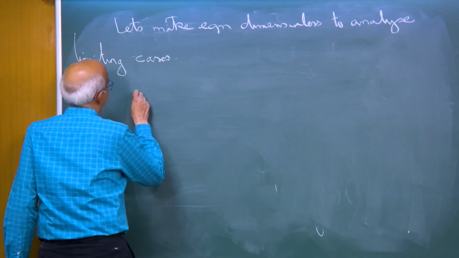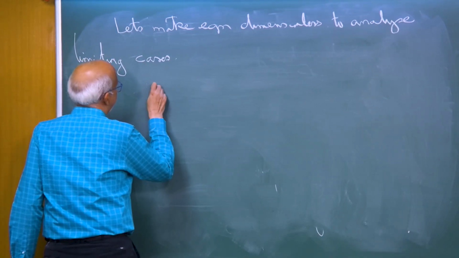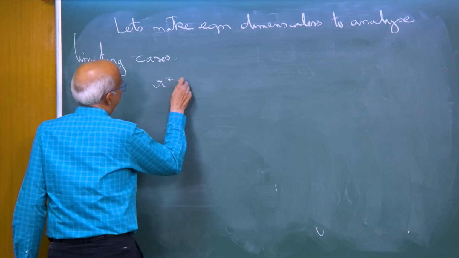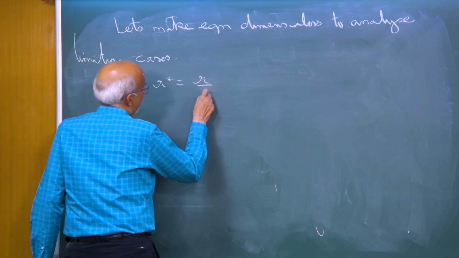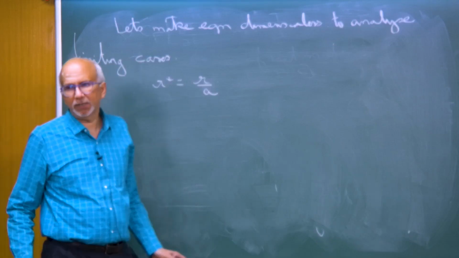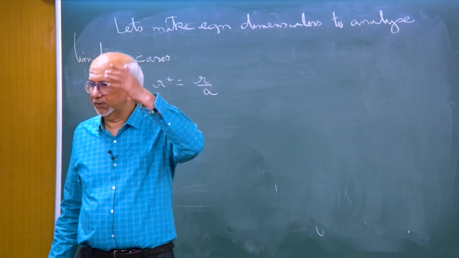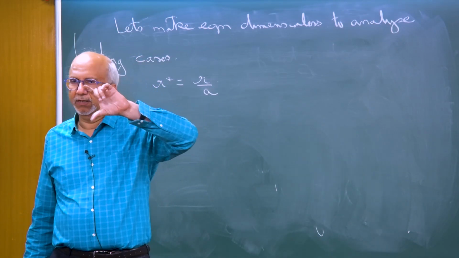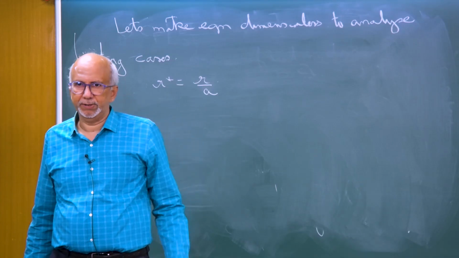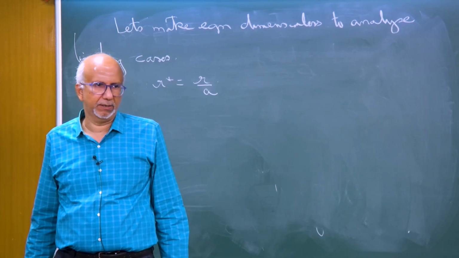Clearly the characteristic length, the dimensionless length r star, is going to be defined as r by a, because in the radial direction I have the radius of the pipe as my characteristic length scale.